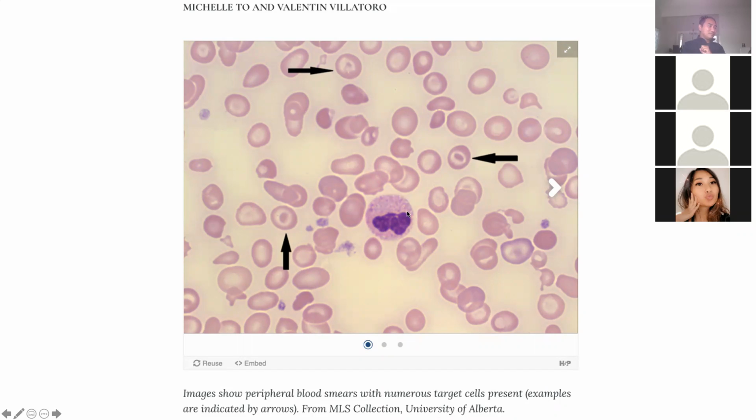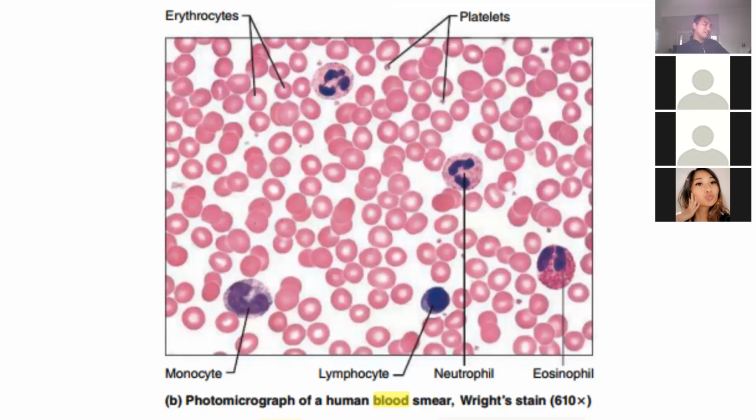Is it a monocyte? Yeah, I think so. It has one lobe, two lobes, three lobes, I think. The nucleus is dark purple and the cytoplasm is pink. So I think it could be a neutrophil, because a monocyte has a kidney shape. The cytoplasm is pink and the nucleus is trilobed.